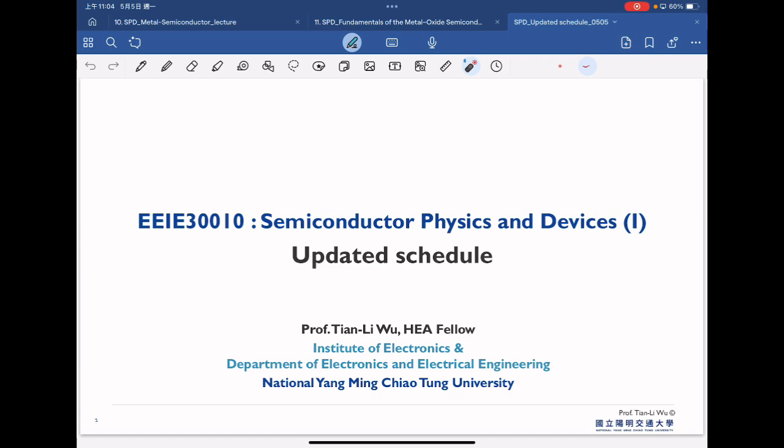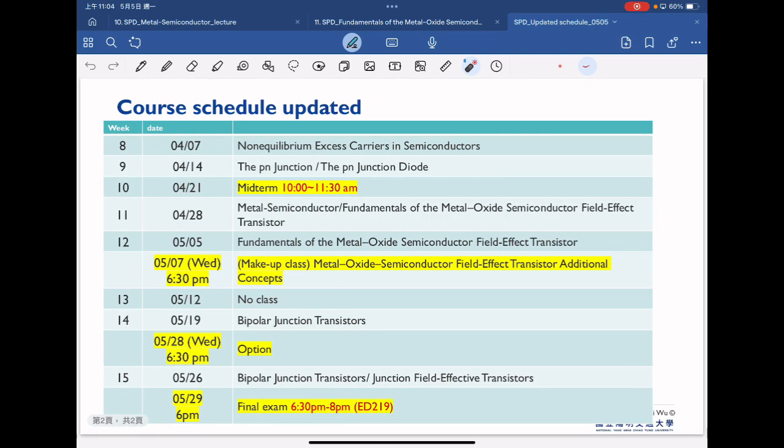Okay, so before we continue, let's talk about the update schedule. Last time we mentioned there would be the mega class. Originally it was arranged for this Thursday, but unfortunately I cannot find any classroom available this Thursday, so I decided to rearrange it on Wednesday.